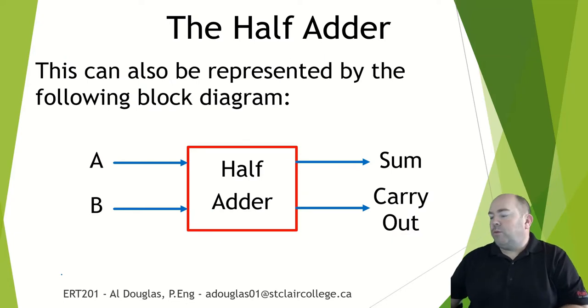It can be represented in block form diagram like this. So input A and input B, they go into the half adder, and you get a sum and a carry out like that. We'll use these block diagrams when we make some more complicated circuits in a little bit.